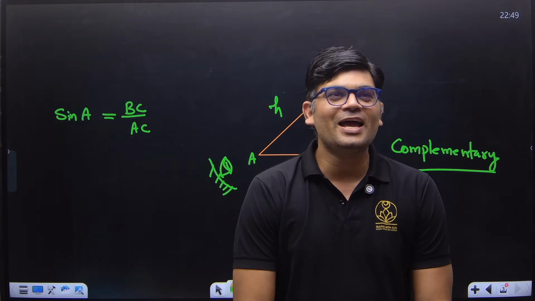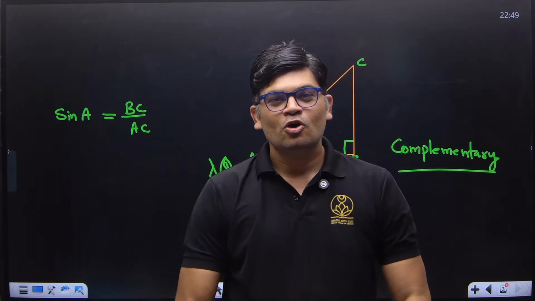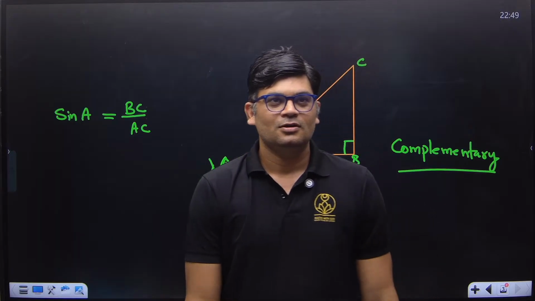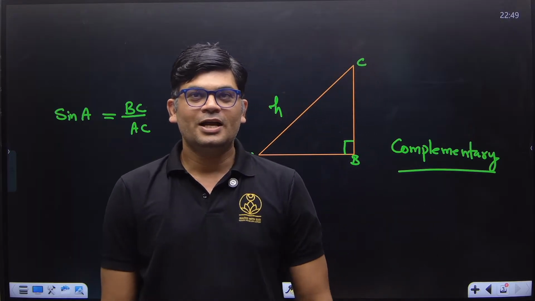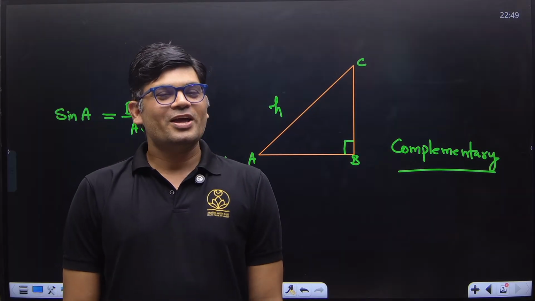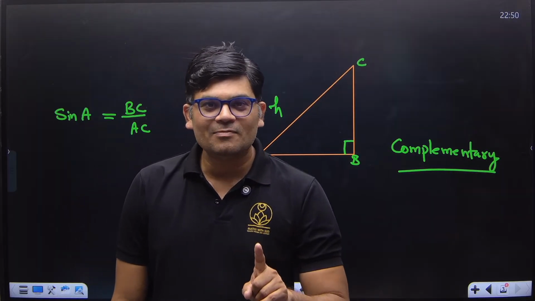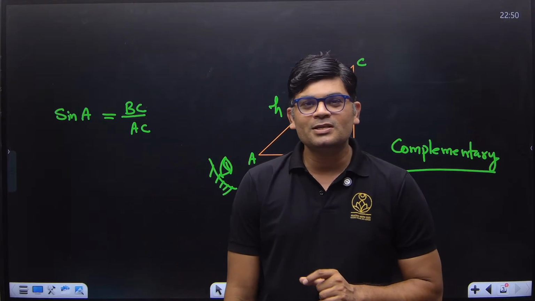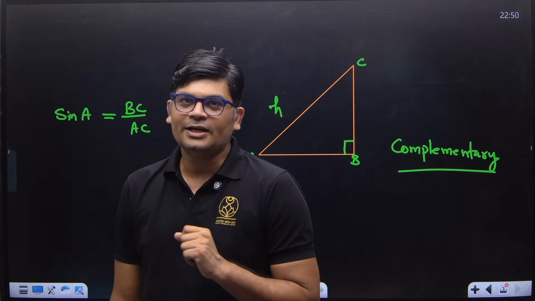So complementary angles are the pair of angles whose sum is equal to 90 degrees. Oh, I thought it was 180. That is supplementary angles. Supplementary angles means the sum of the angles is 180 degrees, but complementary angles means the sum of the angles is 90 degrees.